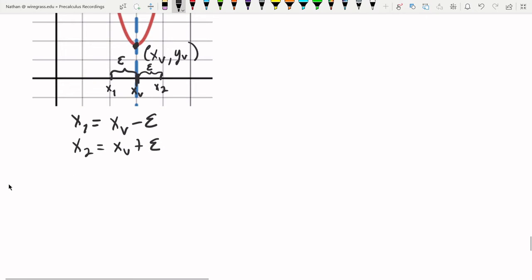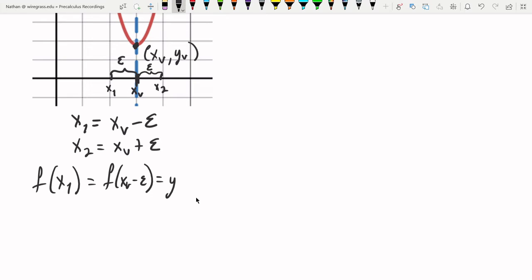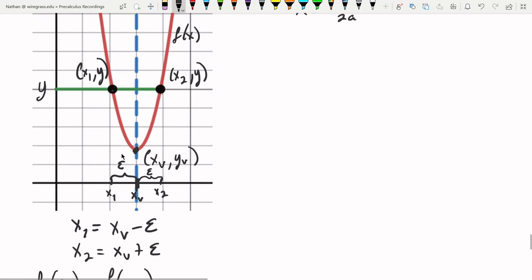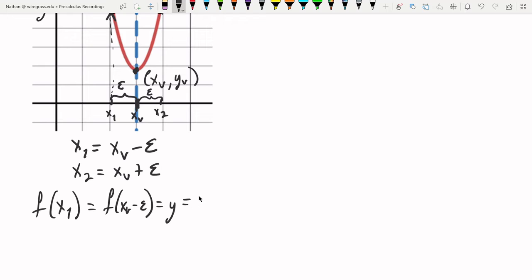I can say that f of x1, which is the same thing as f of xv minus epsilon, equals y, because you plug in the x coordinate and you get out your y coordinate, is the same thing as f of x2, which of course is the same thing as f of xv plus epsilon. This is a long way of saying that I have this statement here. I'm going to use this portion. This equals this.